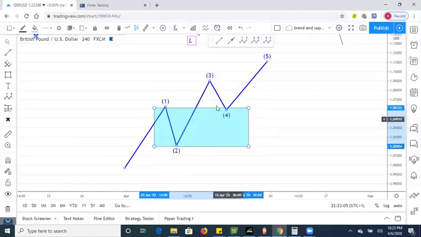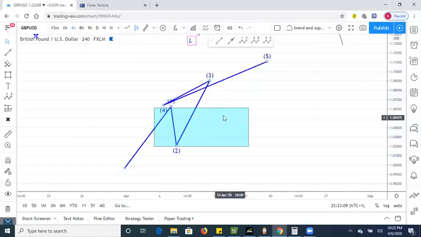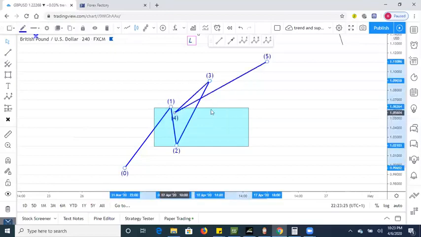So when price approaches 0.1, you begin to look for reasons to want to buy. Now, in real life, price may not turn at 0.1. It will come all the way close to 0.2.